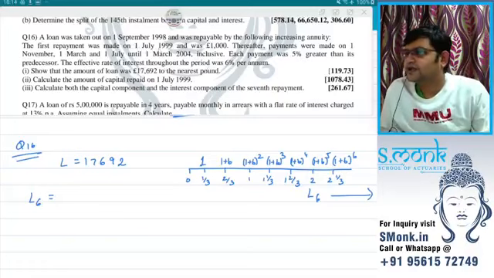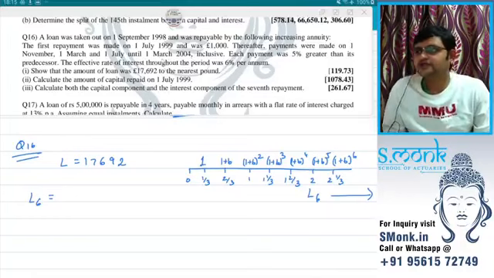So 1st July 1999 was the first payment. After that, the payment was November, then March, then July, and so on till 1st March 2004.